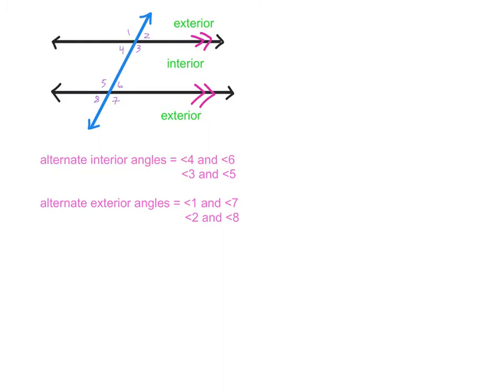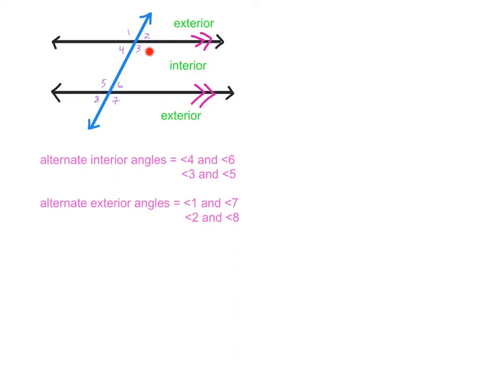So look at here's the 4 and here's the 6. What do you see? They are on alternating sides of the transversal, meaning one's to the left side and one's to the right side. And then they are on the interior of my 2 parallel lines. So alternating sides of the transversal, interior between the 2 black lines, and that's where I got 4 and 6.